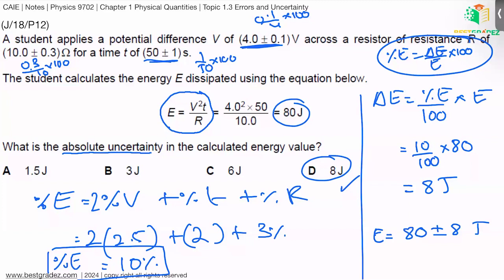So you have to look at the question. If they're asking about percentage, we stop at this point. If they're asking about absolute uncertainty, just find the percent of the final value. So divide the percent by 100 and multiply by E. Make sure you note this down.